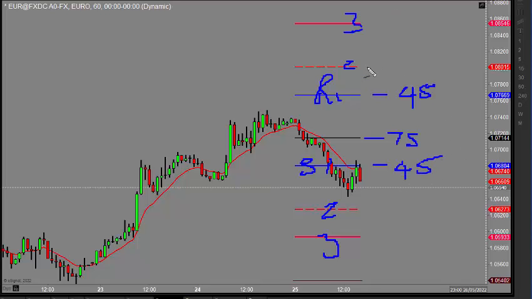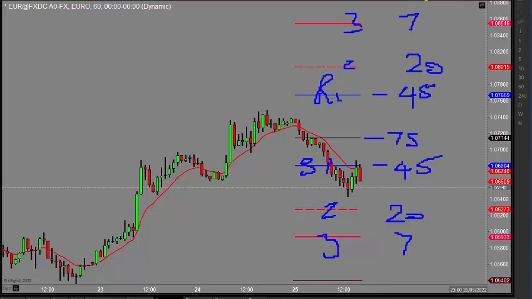The probability of the next area, the R2 or the S2, is around 20%, and you're looking at between 7 and 10% for the R3 and the S3. So straight away you can see that if you're looking for a target all the way up here on a single day, or down here on a single day, it's got less chance of being hit.